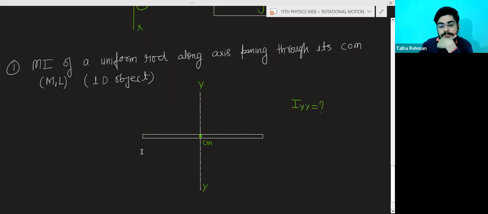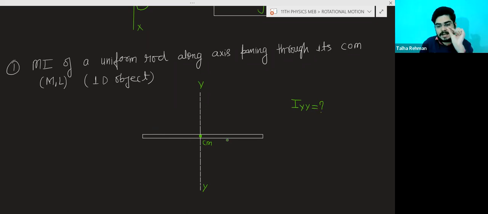Of this rod, but this is a continuous mass. So what will we do? We will take a very small mass.